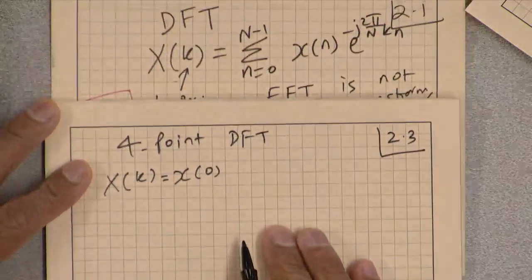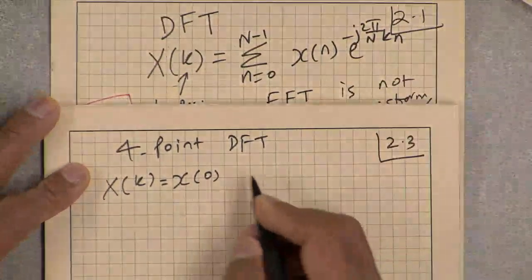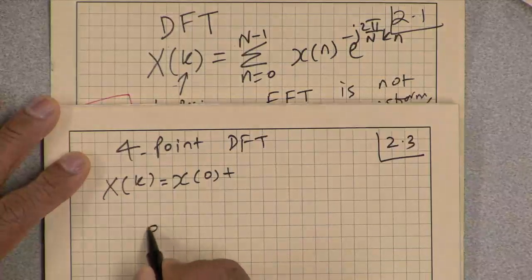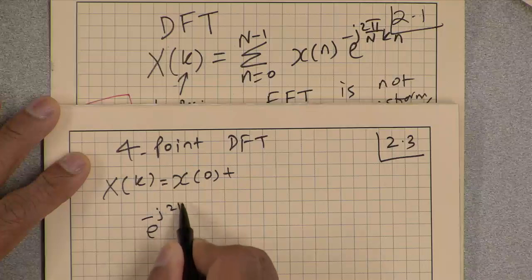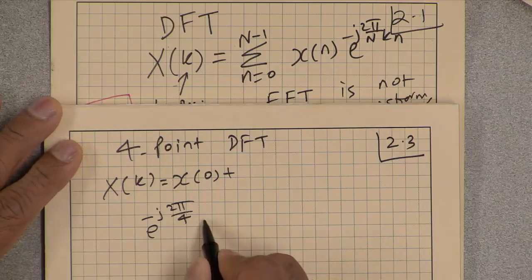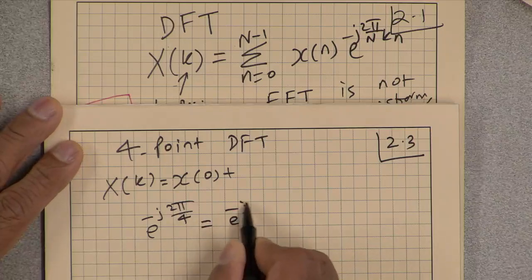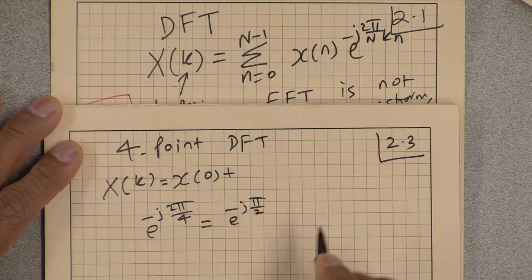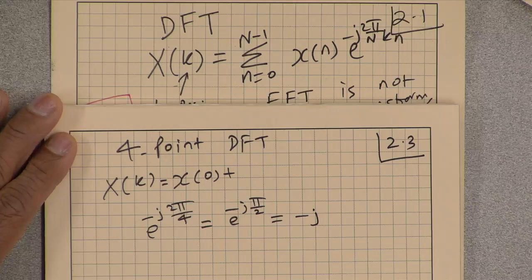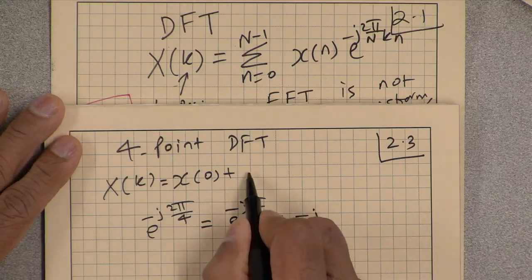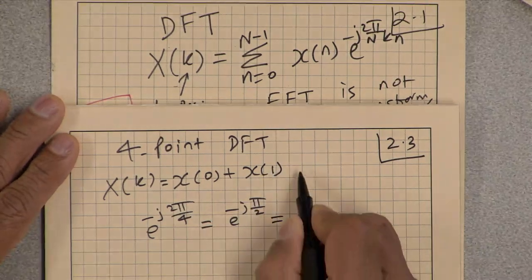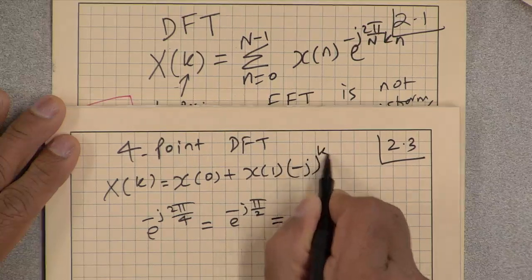If I just substitute here, by the way, e to the power minus j 2 pi by n, e to the power minus j 2 pi by 4 is going to be e to the power minus j pi by 2, which is the same as minus j. Okay, so x0 plus x1 times minus j to the power k.